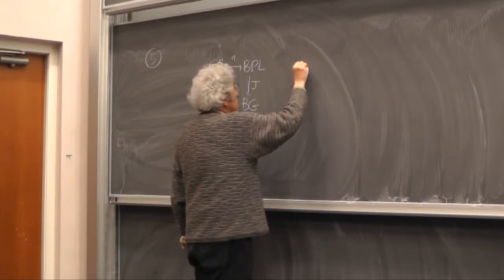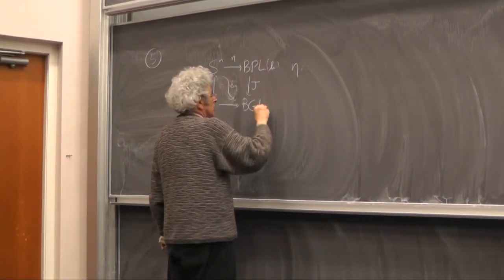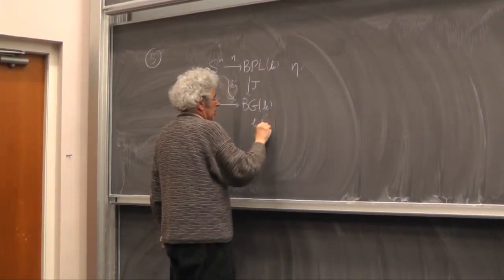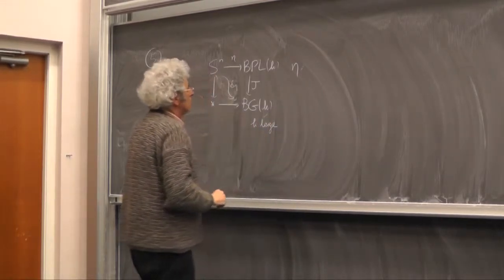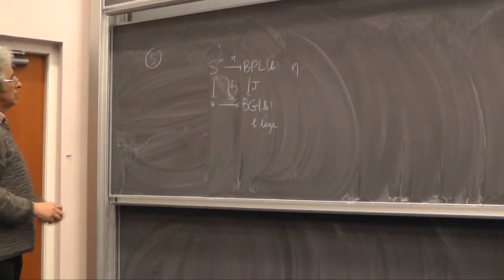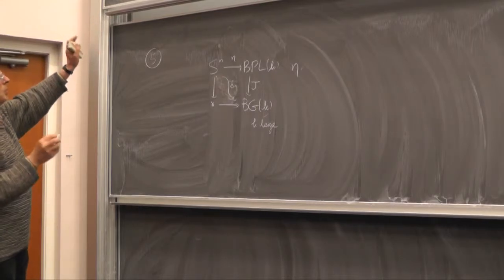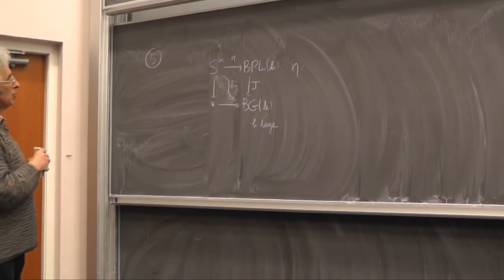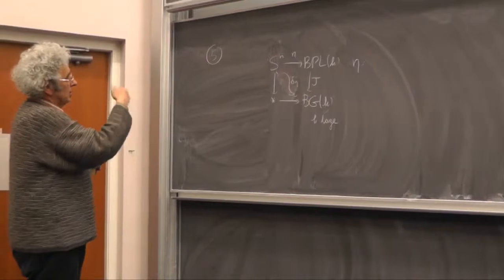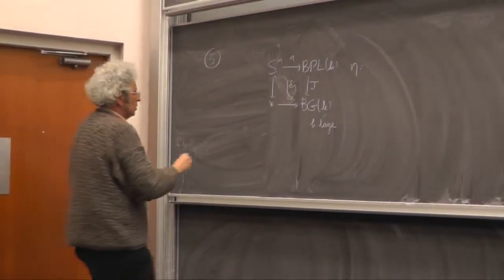So eta, let's have k large. So that defines an element in the relative homotopy group.